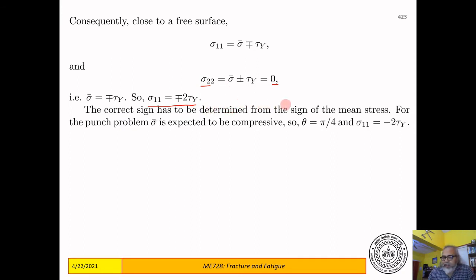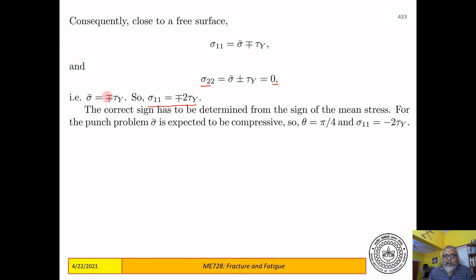Now, how do I determine the correct sign? To do that, I have to be able to guess what sigma bar is going to be, whether it's going to be compressive or tensile. If it's going to be compressive, then I know that sigma bar is minus tau y, which means that I'm taking the minus sign.